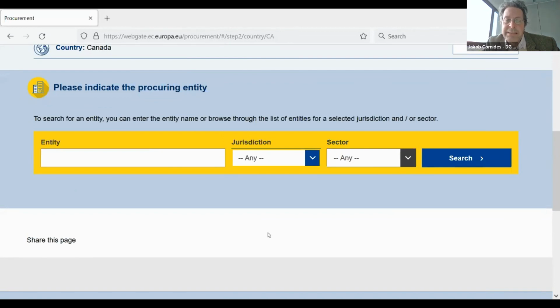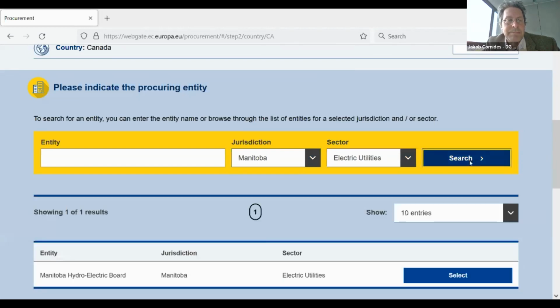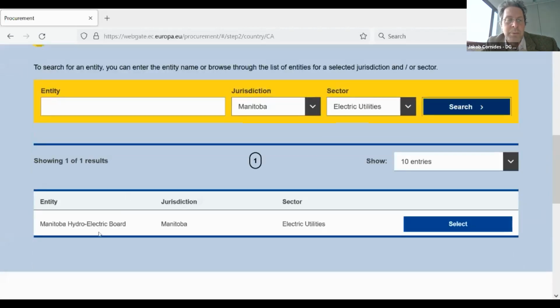So you say, okay, my procuring entity is located in Manitoba, and let's suppose it is an electric utility that provides electricity to the large public. You click on this and you have the Manitoba Electric Board. There's of course also another way of arriving there.